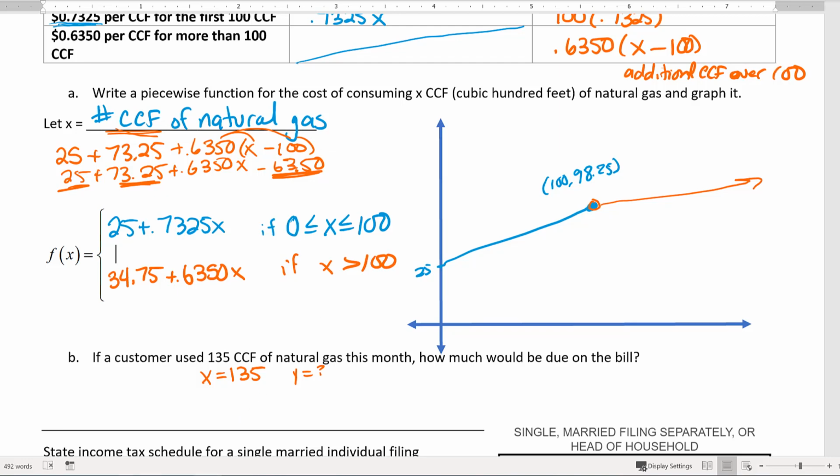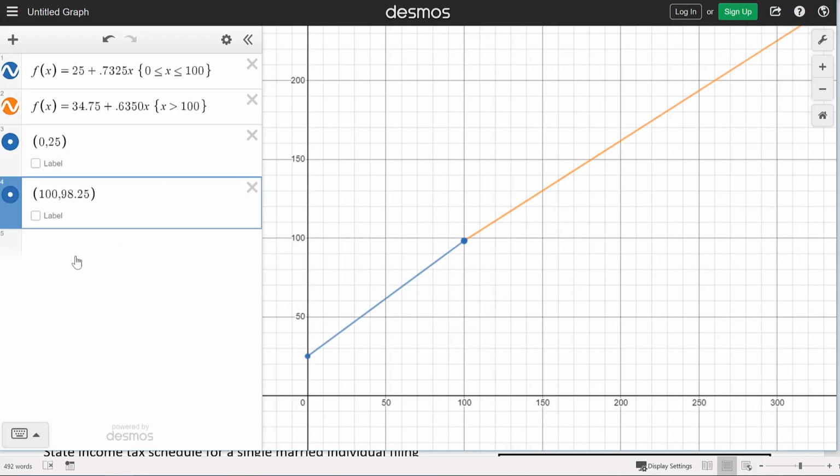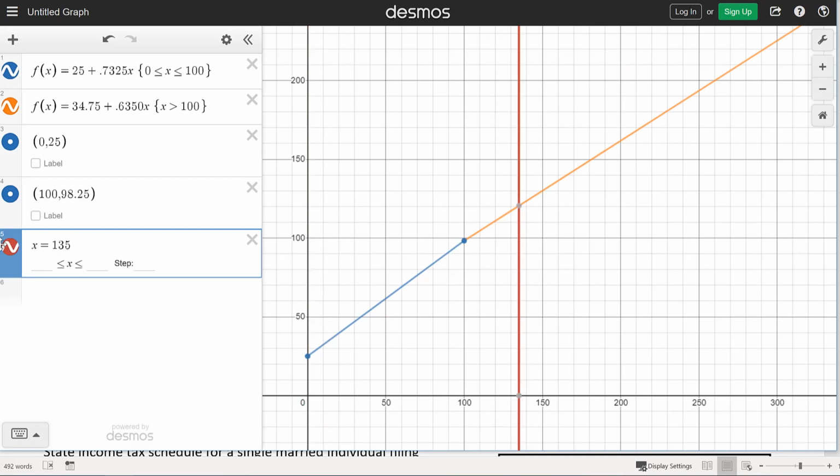So what I'm going to do is go back to my graph and do a new equation, X equals 135. That can be a totally new different color because I just need to know where that lies. 135 does lie in the orange domain because it's greater than 100, so we're going to be paying the blue rate for the first 100 and then the orange rate for anything after that.